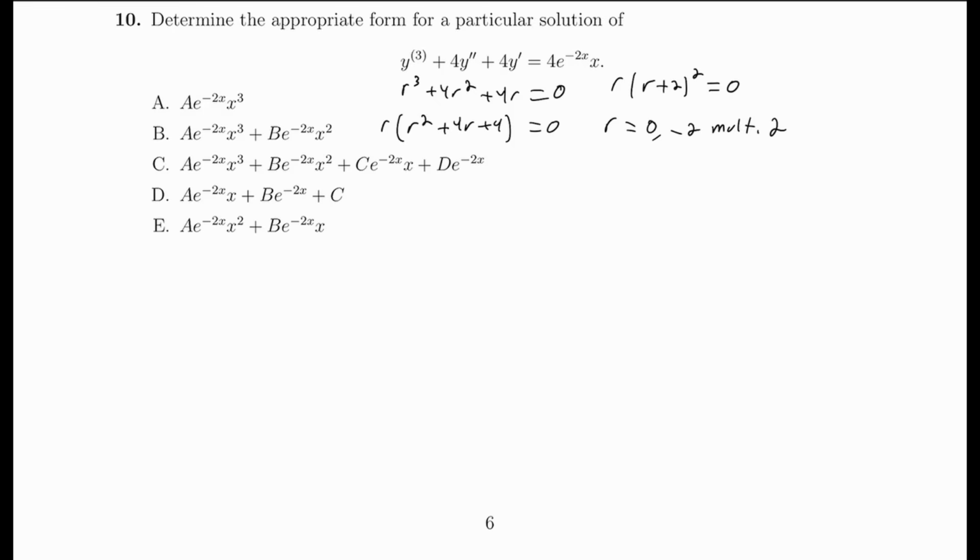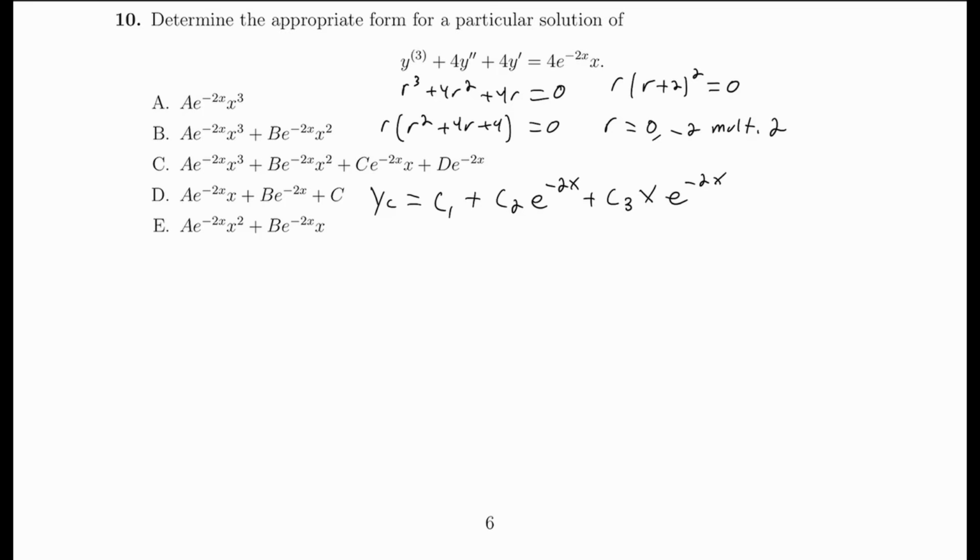We can set up our complementary solution then as y complementary equals c1 e to the 0, so just c1, plus c2 e to the negative 2x plus c3 x e to the negative 2x. This x is just coming from the fact that it's a multiplicity 2. That's how we deal with our second term there.